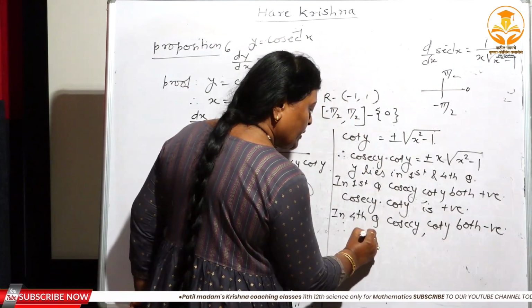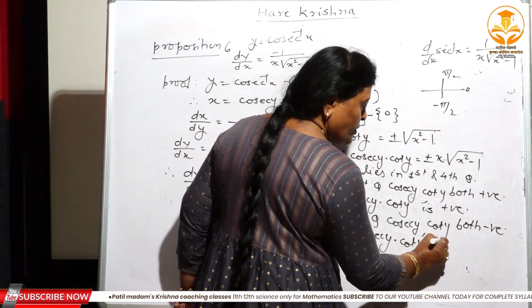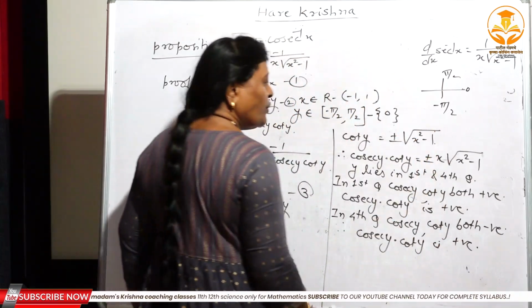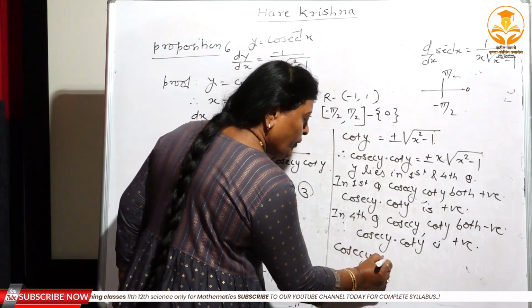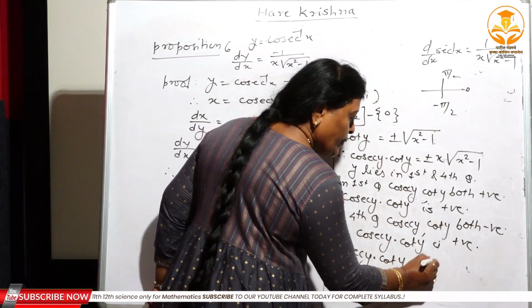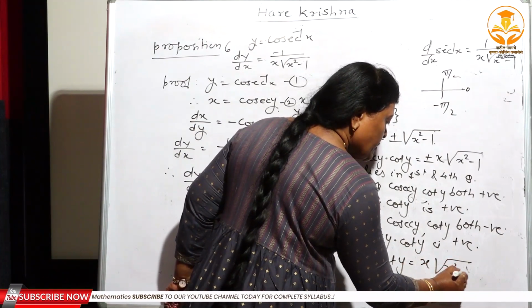Therefore their multiplication, that is cosec y into cot y, is positive, right? Therefore which value do you have to choose? You have to choose cosec y into cot y as a positive value, that is x root of x square minus 1, right?